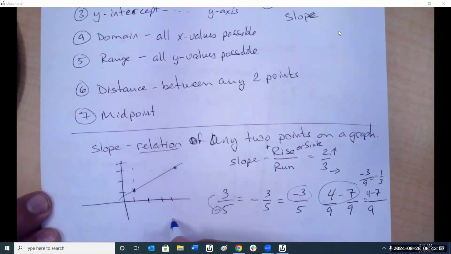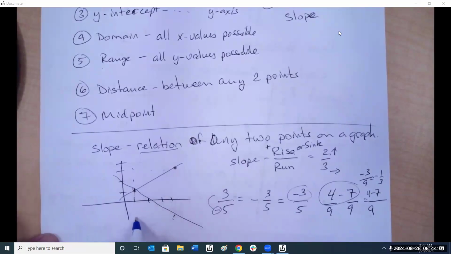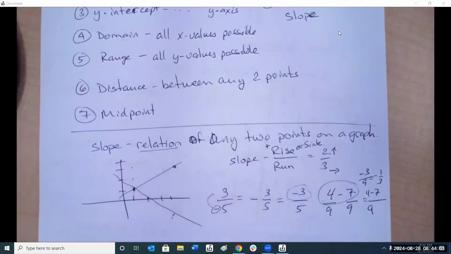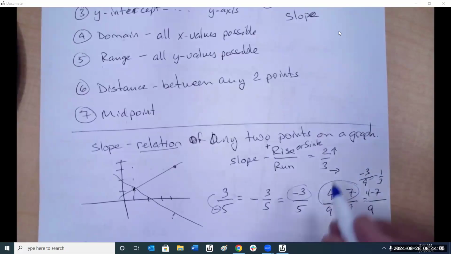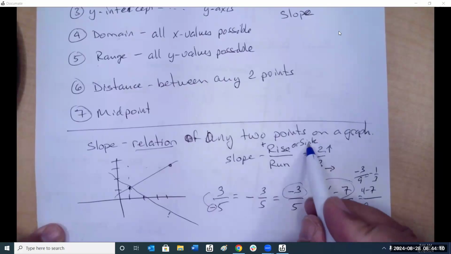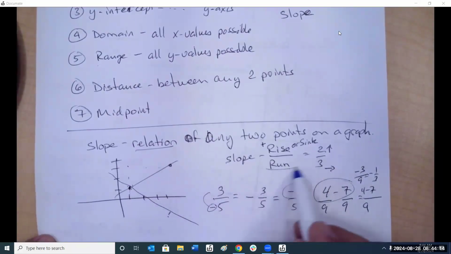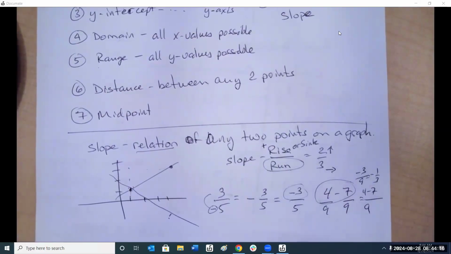If it goes down, then we're dropping. That's a negative slope. So if it's positive, it's a rise from this point to this point. If it's a negative number, it goes down. And the bottom number is always positive, always goes to the right. So far, so good. Now let's go from these words to math.